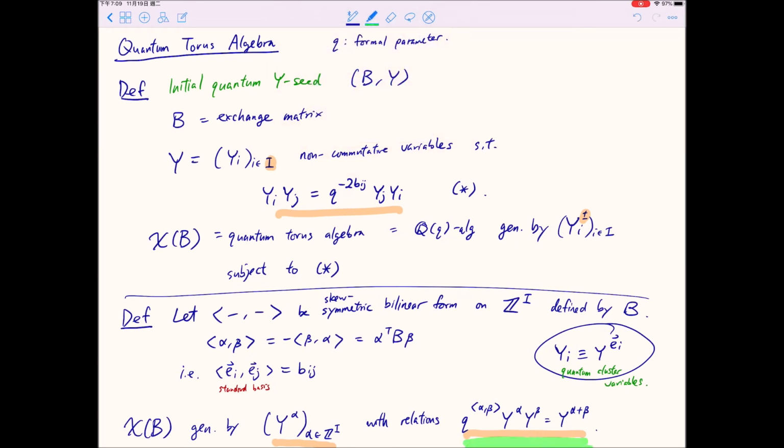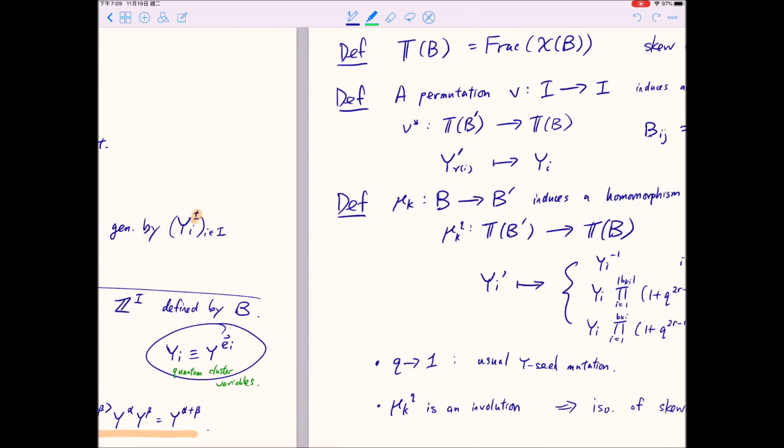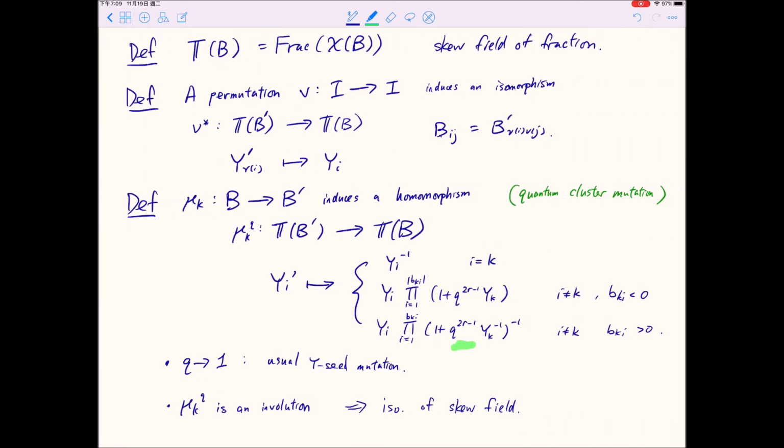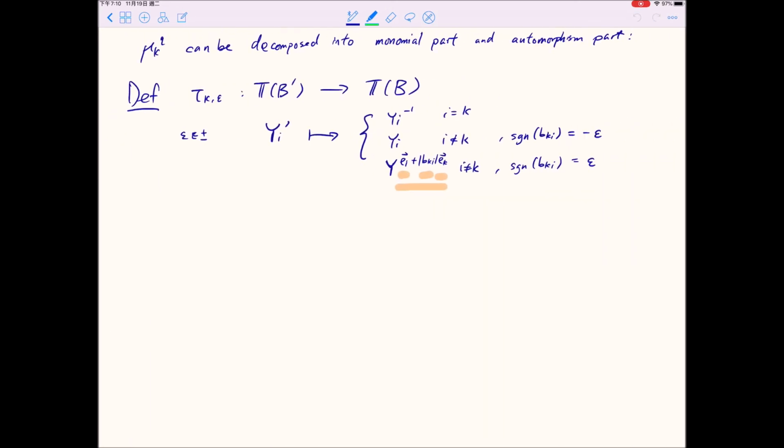Because it automatically takes care of what the appropriate q factor is, and it is the q factor that appears in front. So please just check the formula to make sure you understand and get the correct normalizations and formulas and so on.